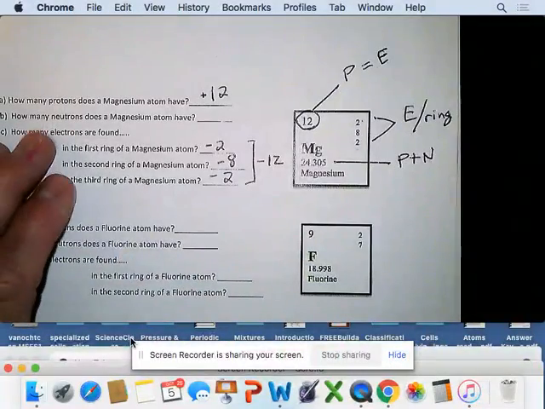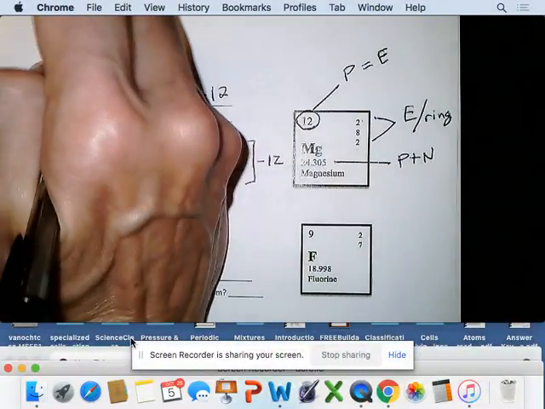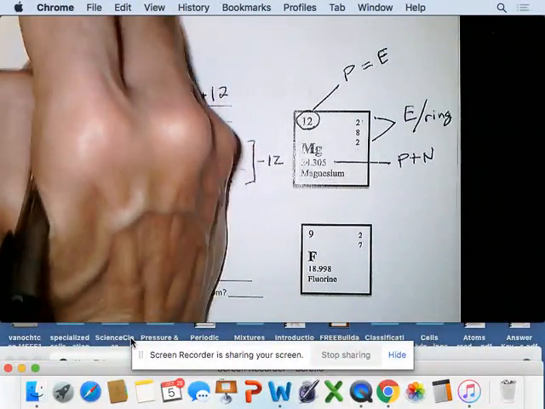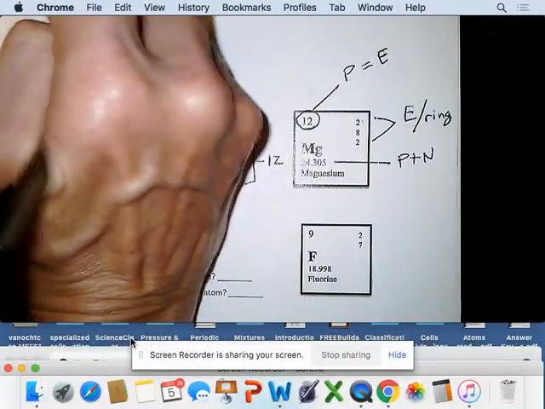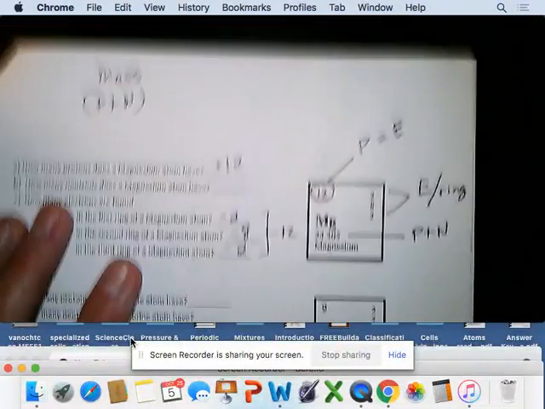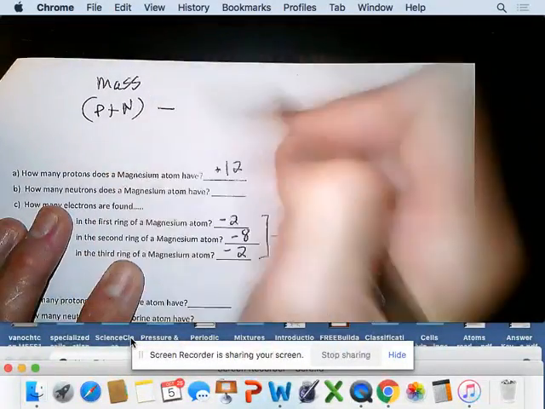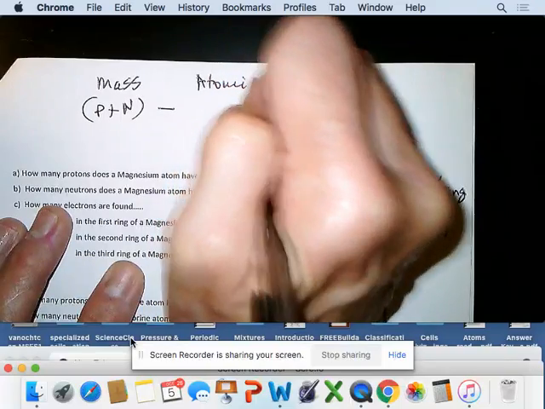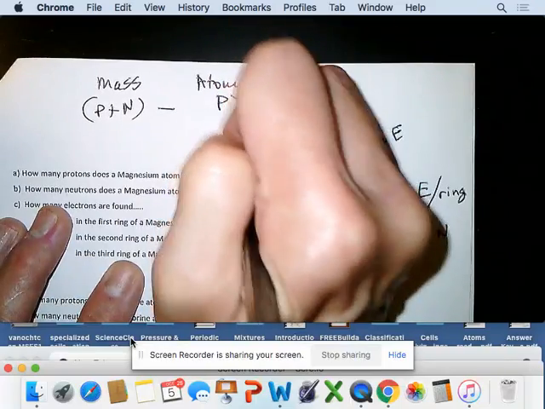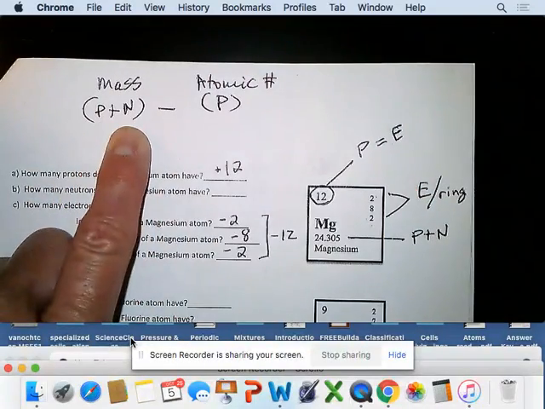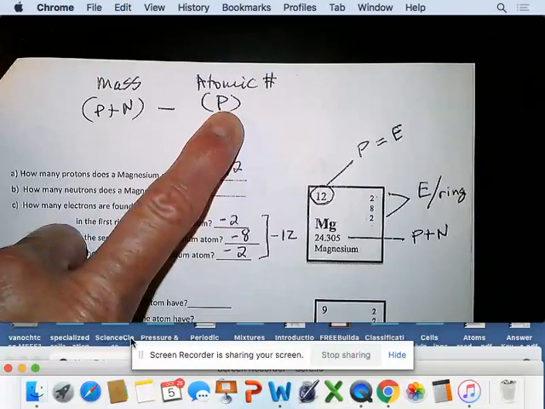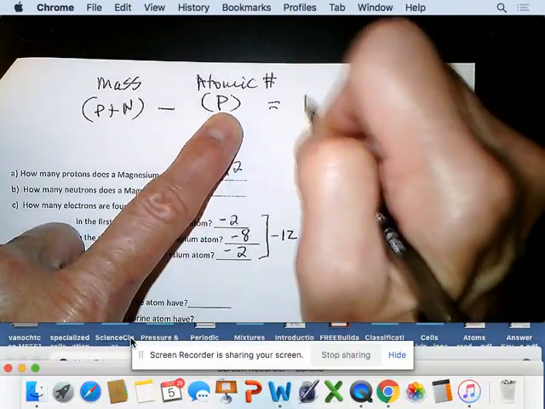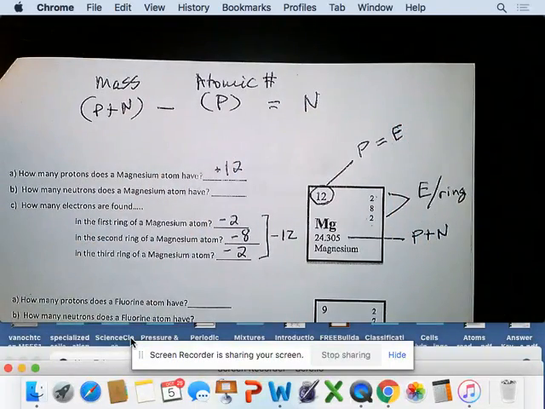And then our neutrons, remember, we're going to take the atomic mass, which is protons plus neutrons, the bottom number, okay? And we're going to subtract the top number, which is the atomic number. And the reason that works is the mass is protons and neutrons. We're taking away the protons, and that's going to give us the neutrons, okay?